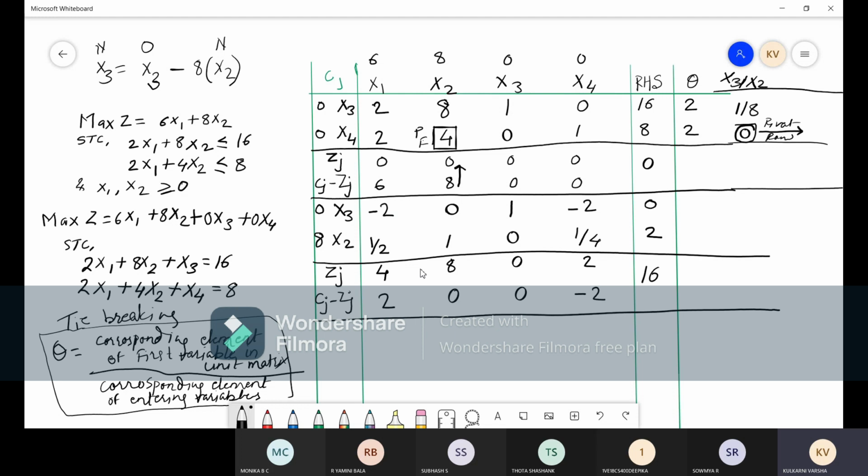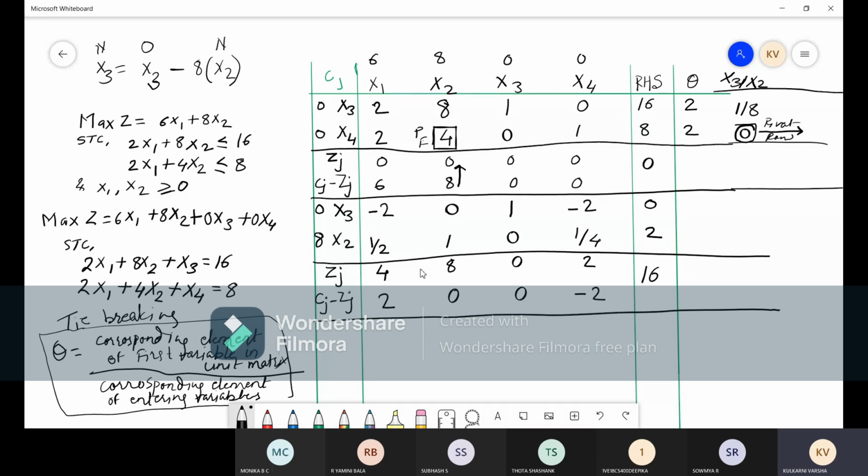In the second iteration we got x3 and x2 in the unit matrix, the basis variables, so Cj minus Zj will be 0 for x3 and x2. If you're getting 0, it means you are going correct and your calculations are correct. Here also, in the initial iteration we got 0, then we got 16, so it is increasing, right?